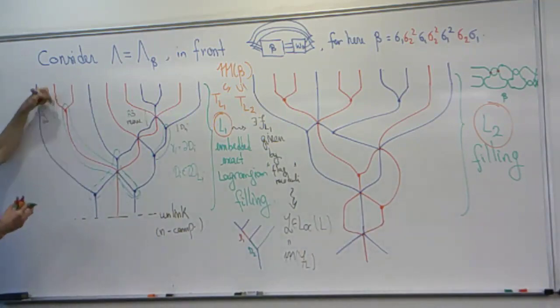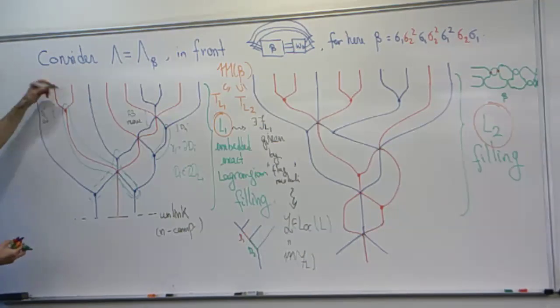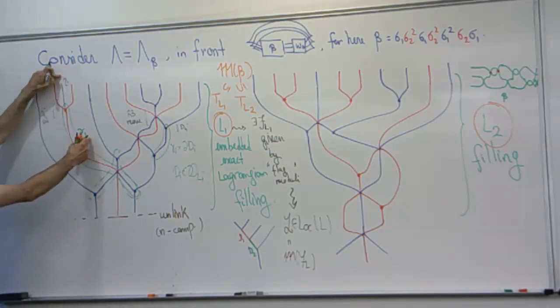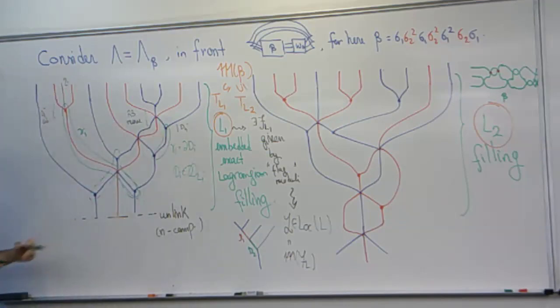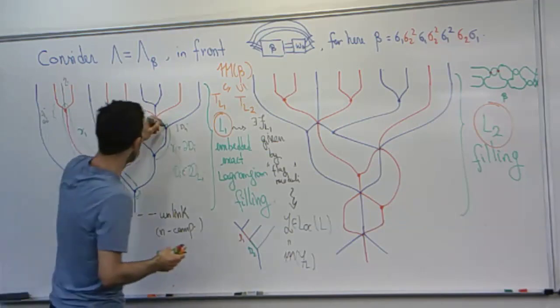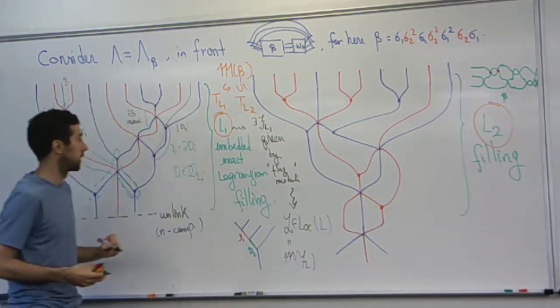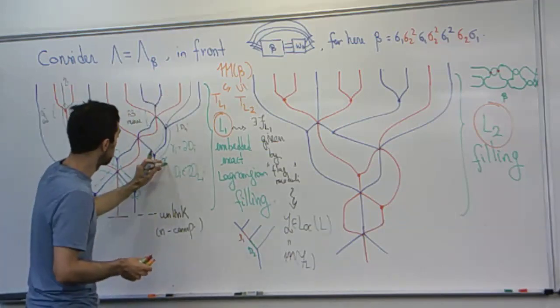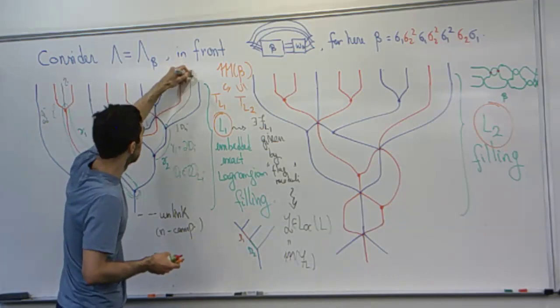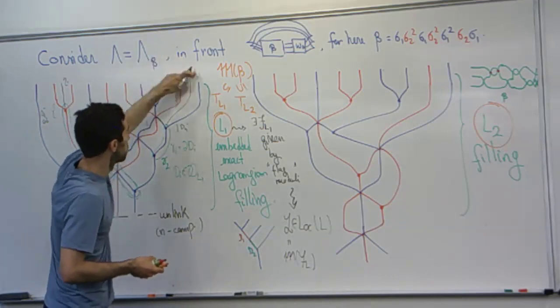For instance, the Poincare dual of this can be a curve that essentially does this. That's a curve, eta 1, that intersects gamma 1 exactly once, and it won't intersect anybody else. Another Poincare dual will be something like that. If this is gamma 2, this would be a representative eta 2.